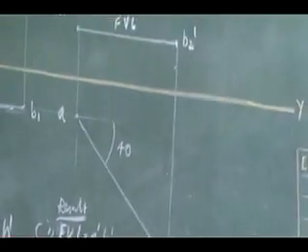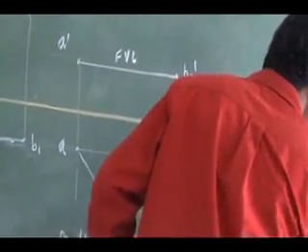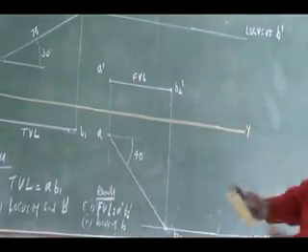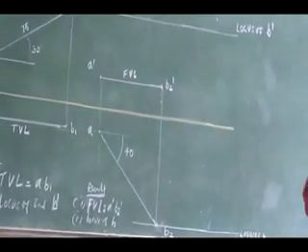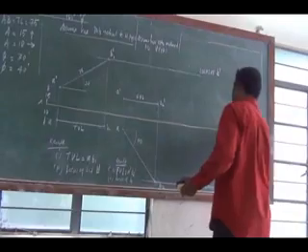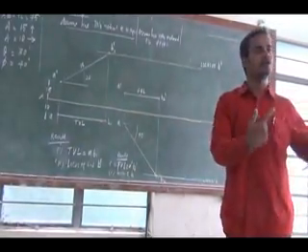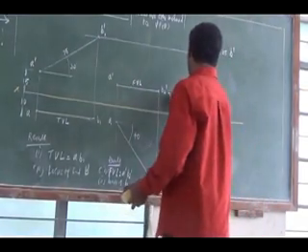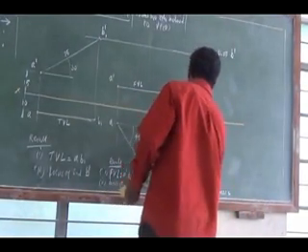So the final projection is here. See how we can draw it. This is the final projection of the line inclined to both planes. The end A location is the same for the final projection also.